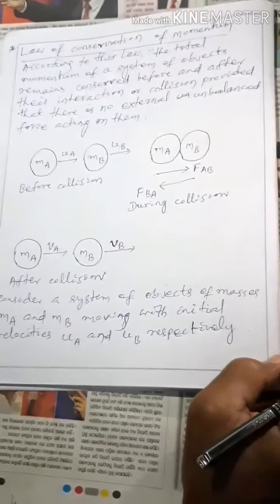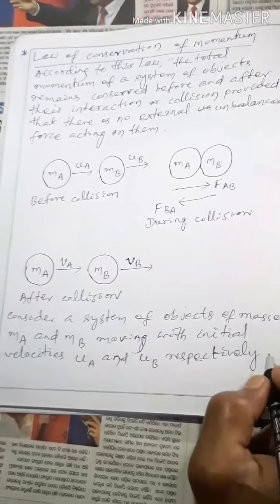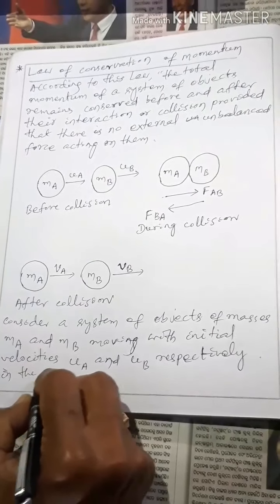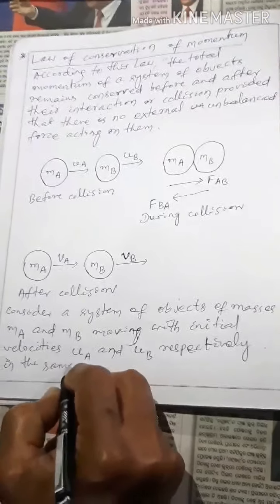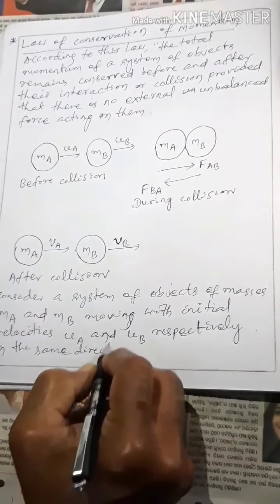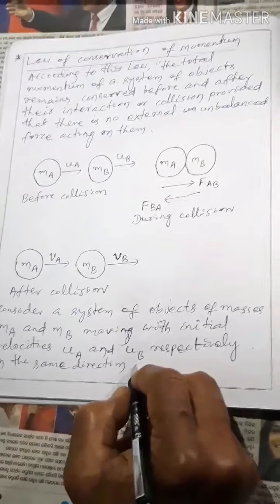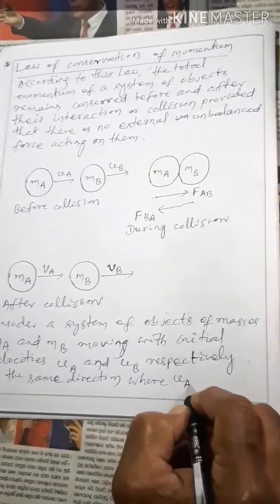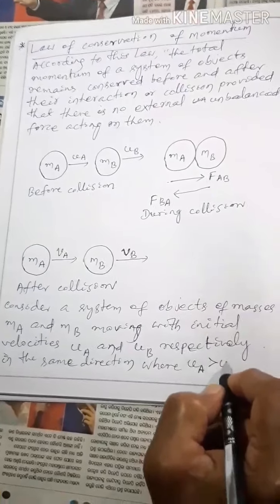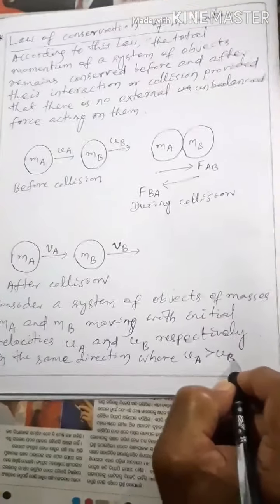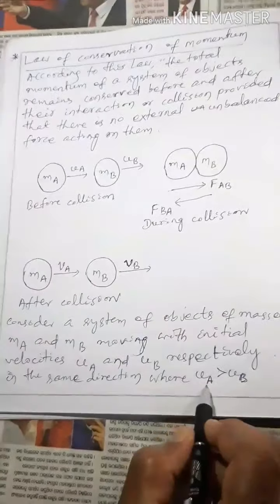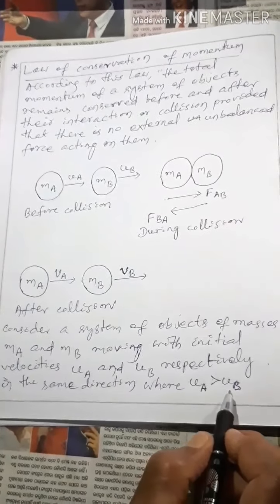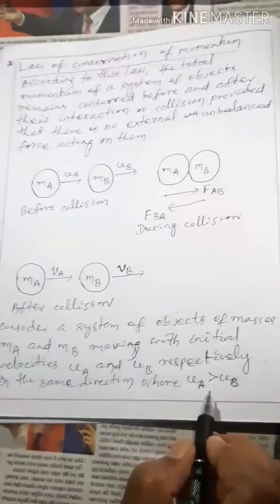Clear? Respectively in the same direction, where UA is greater than UB. That means the initial velocity of A is greater than the initial velocity of B. Why?